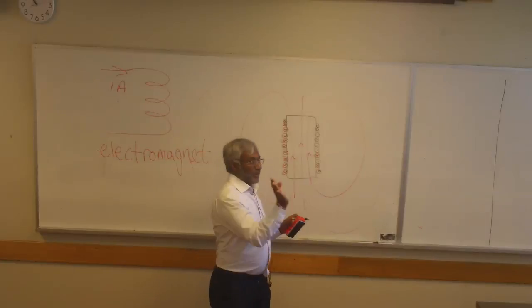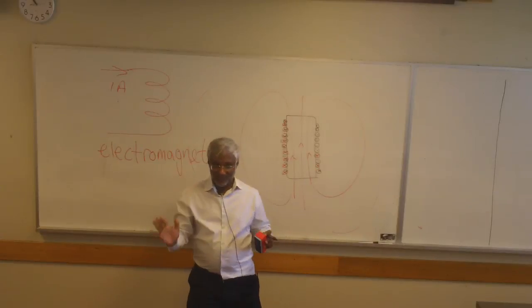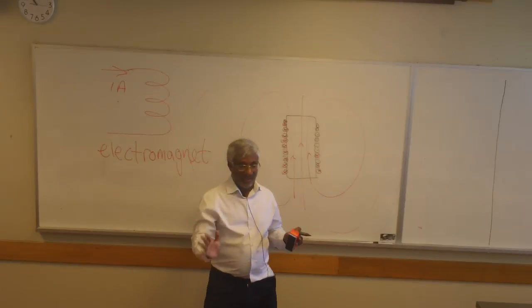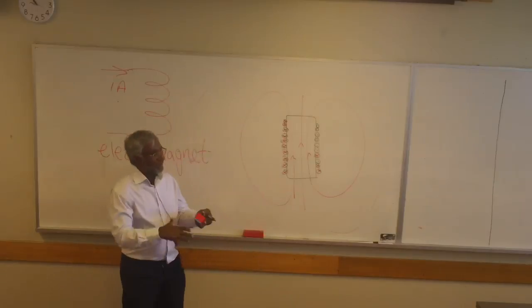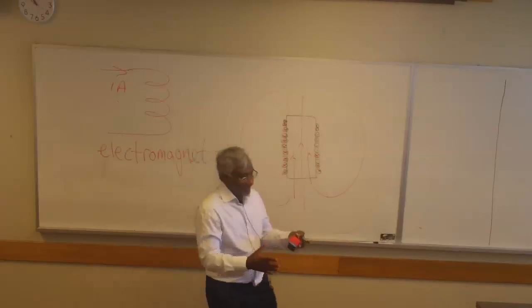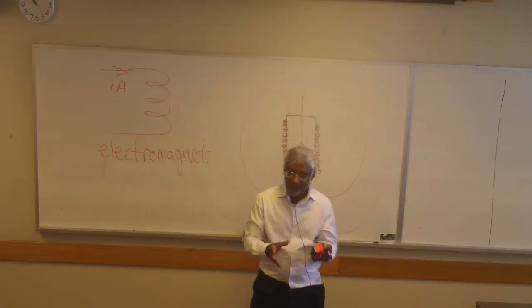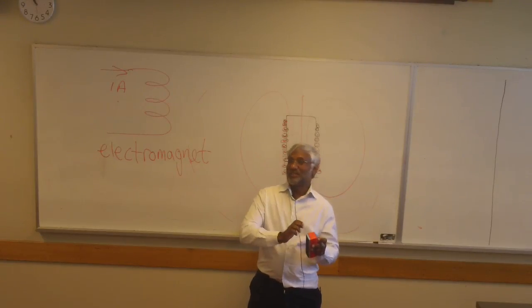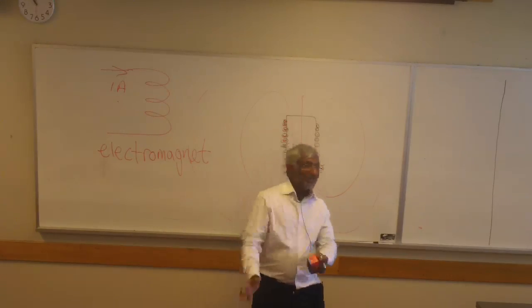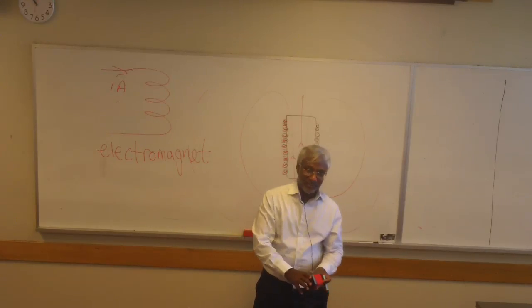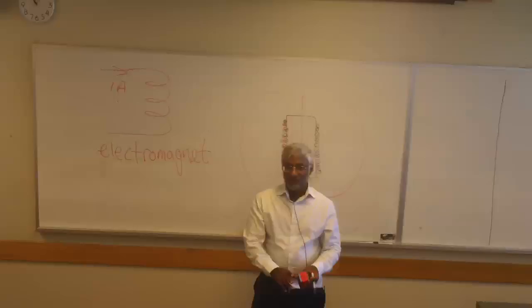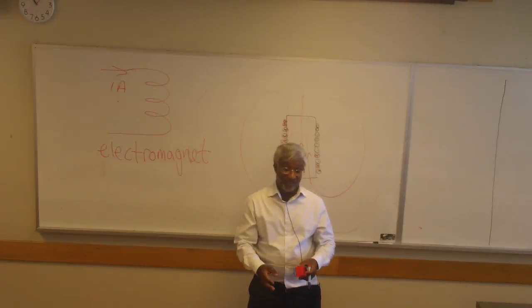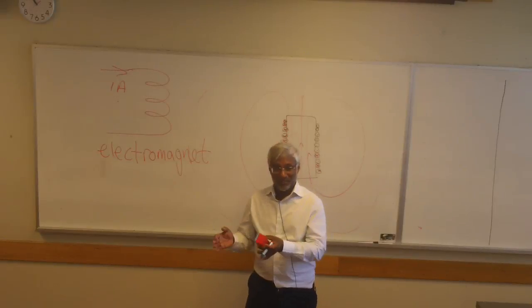We can get flux from a permanent magnet, but we can also get flux with an electric current. We haven't quite said yet what we mean by quantity of flux. So I would like you to understand what quantity of flux means, because to understand what inductance is, you have to understand what quantity of flux means. I don't want people going around saying inductance, inductance, inductance, and not knowing what it is.